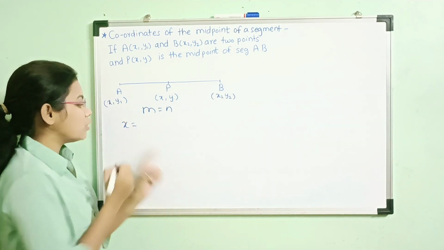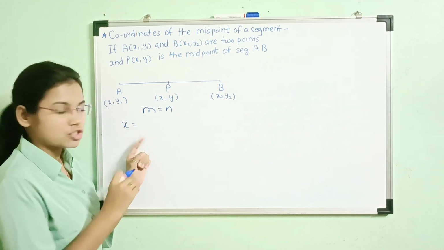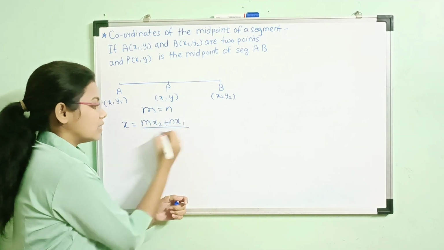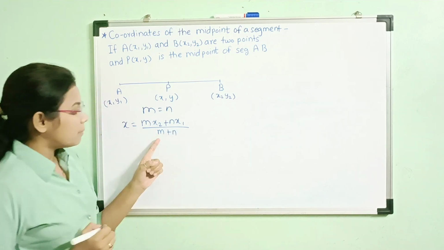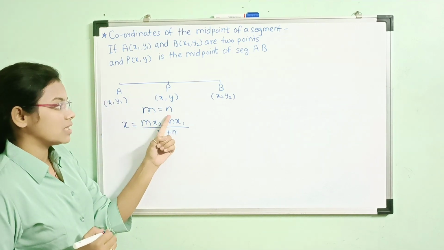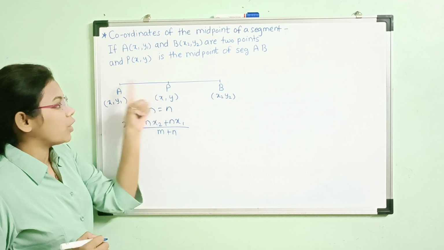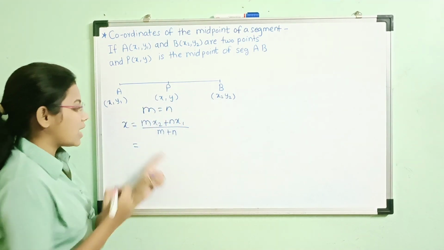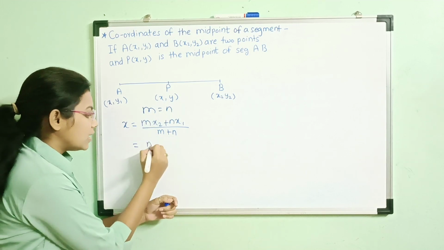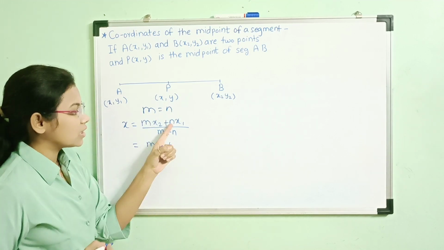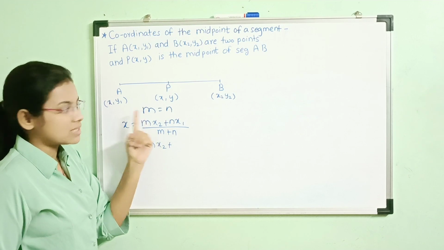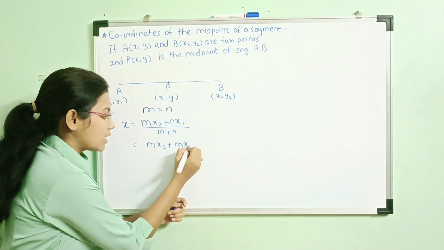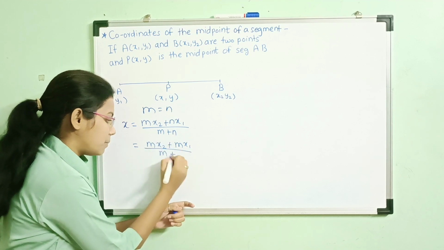So what is the value of x in general according to the section formula? x equal to (mx2 plus nx1) divided by (m plus n). But we have the case here that m is equal to n because P is the midpoint of AB, right? Therefore m will be equal to n. Then we are going to put this value: mx2 plus, now in place of n we can write m, simply m is equal to n, then mx1, divided by m plus n.